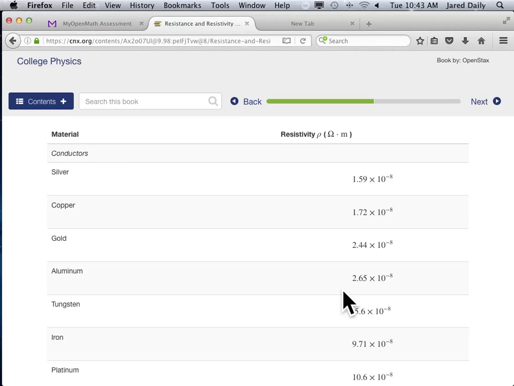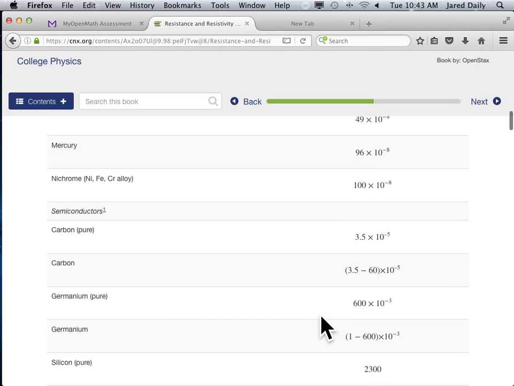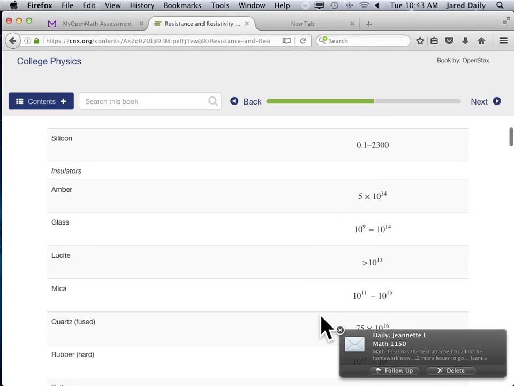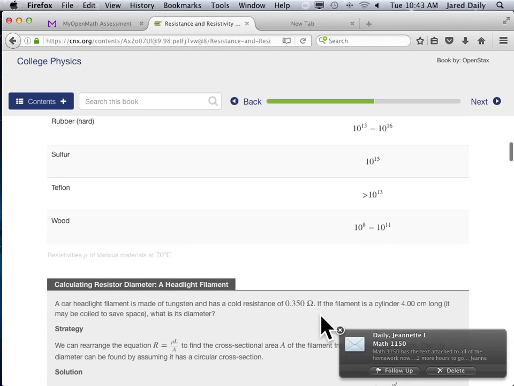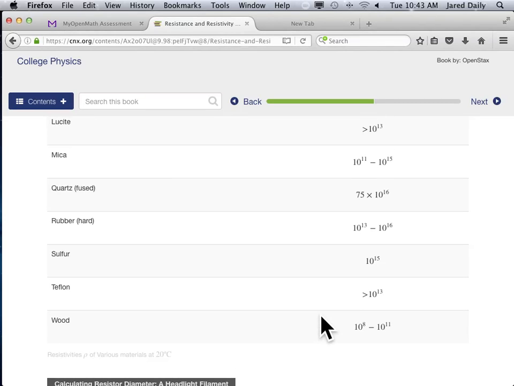Sulfur. Hard rubber. Fused quartz. Teflon is often used for capacitors because it has this huge resistivity that increases its dielectric strength dramatically.